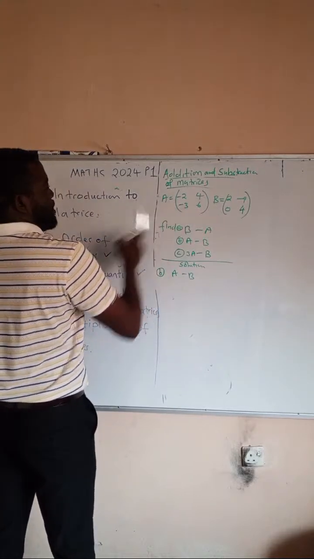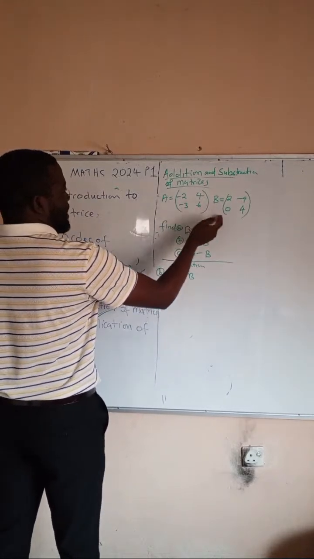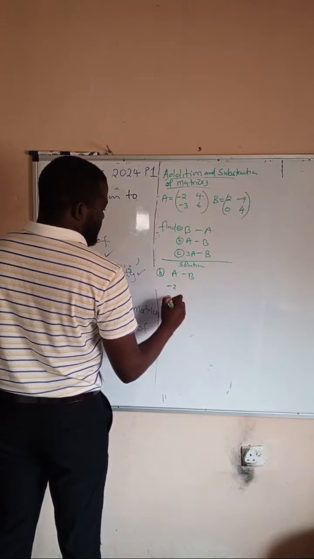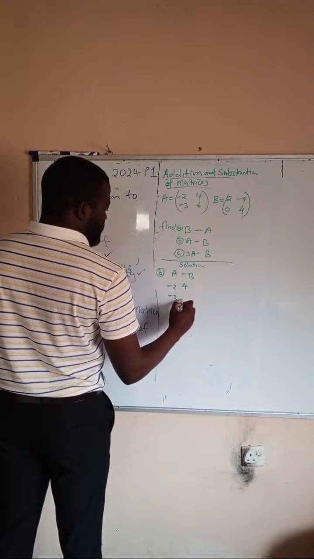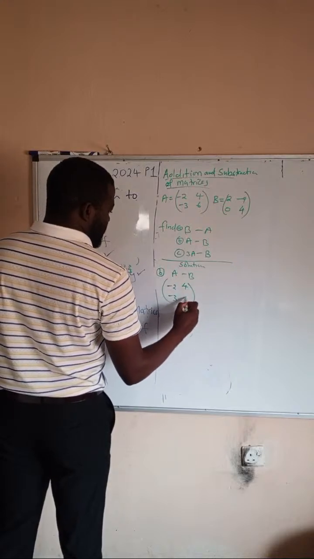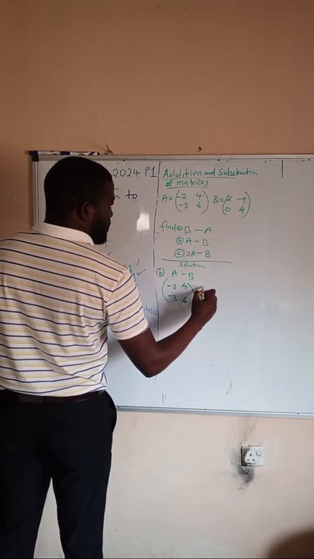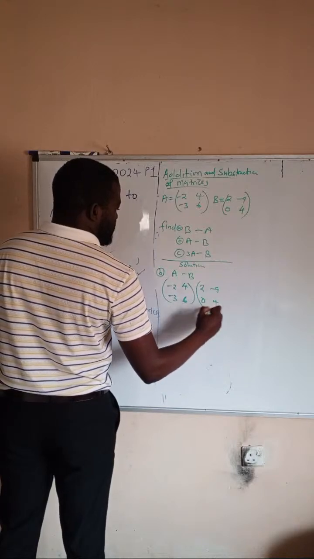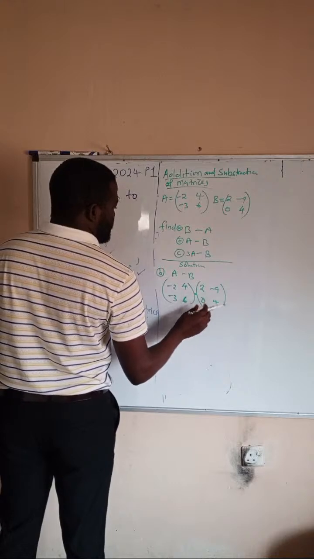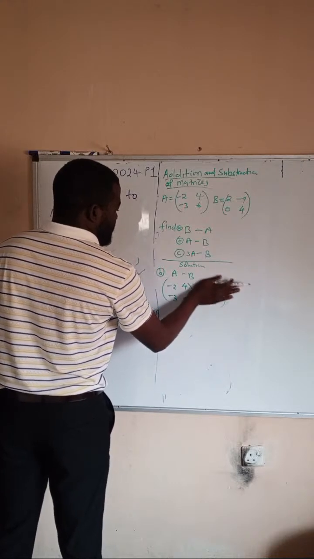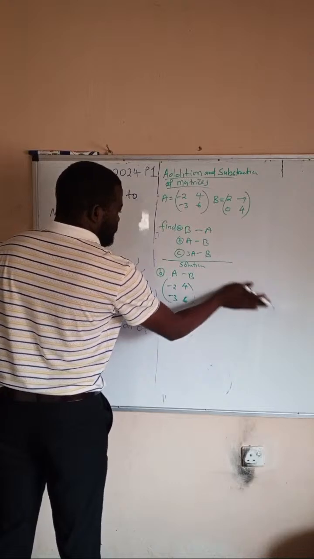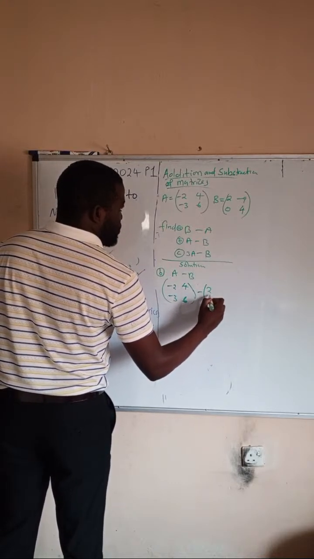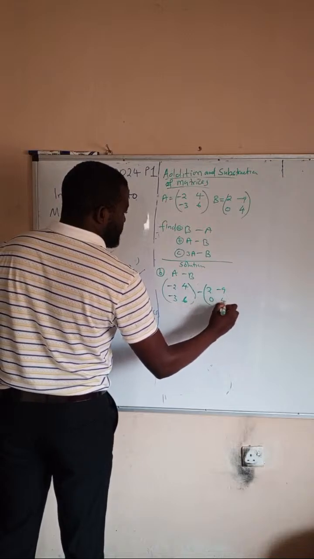A is this one, matrix A. So I subtract matrix A minus matrix B. So matrix A is negative 2, negative 3, 4, 6. Okay. And then 2, 0, negative 9, 4. This is matrix B. You are subtracting them. There is a minus there.